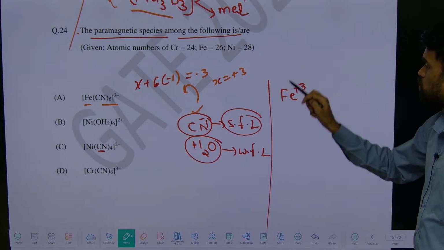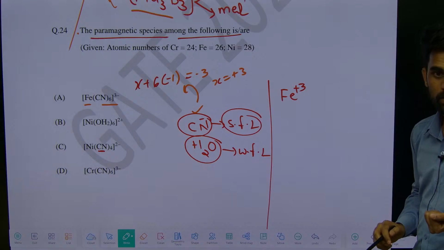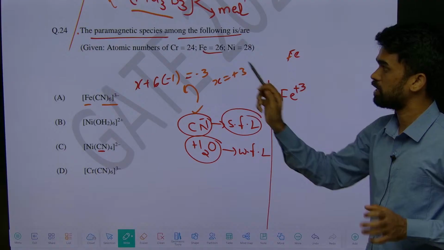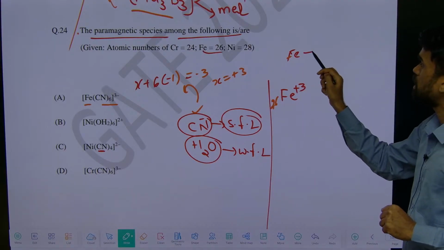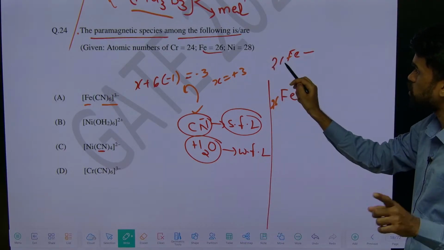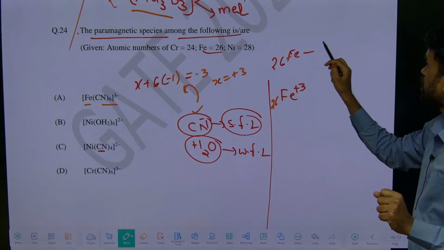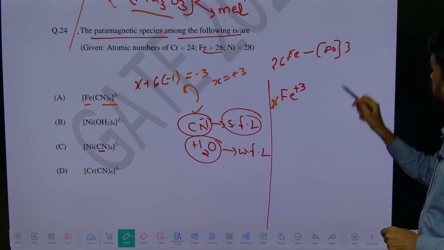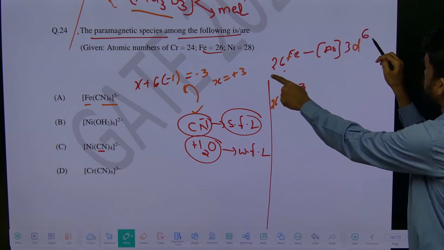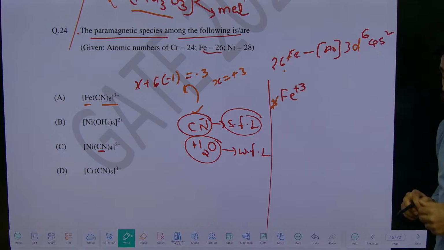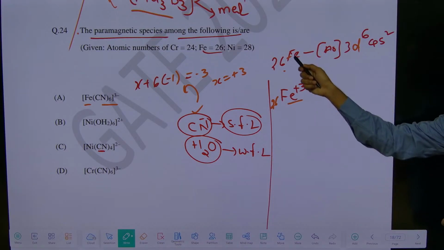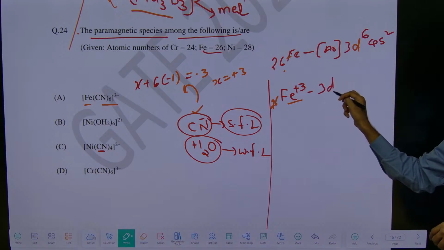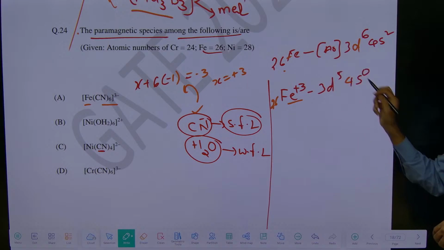What is the atomic number of iron? 26. How do you write the electronic configuration for 26? I told you a tricky way yesterday. Argon, after that 3d6 4s2. Now how many electrons to be removed from this atom? +3 means 3 electrons. So it becomes 3d5 4s0.